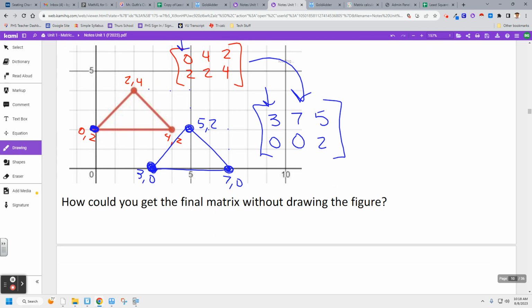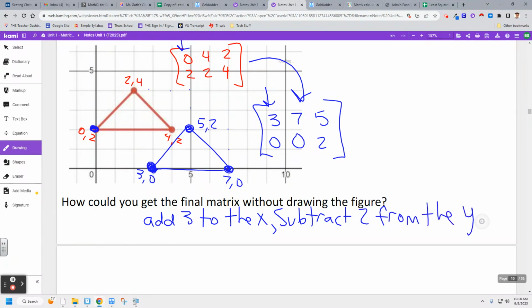If we know we're sliding right, we're going to add 3 to the x, and we're going down 2, so we subtract 2 from the y. And computers are going to be really good at doing this, right? We don't have to visualize anything. We can just tell it what math to do.